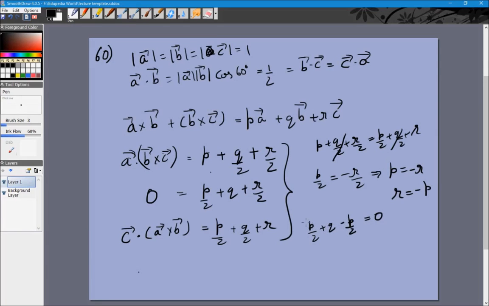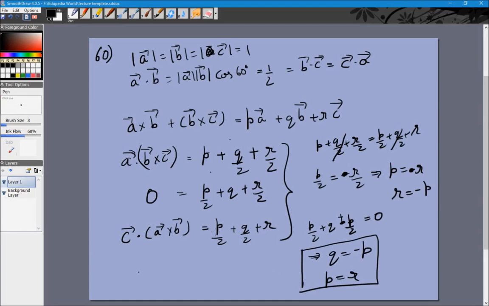Sorry, hang on, I made a mistake. This is R minus R by 2, so this is positive R by 2. So P is equal to R, right? And so this will be plus P by 2, which means P plus Q is 0, so Q is equal to minus P and P is equal to R, right? I made a mistake of a minus sign here. So these are our 2 results, right?